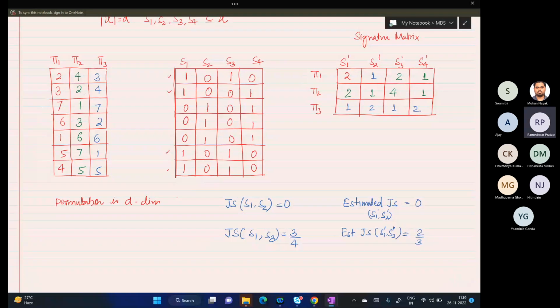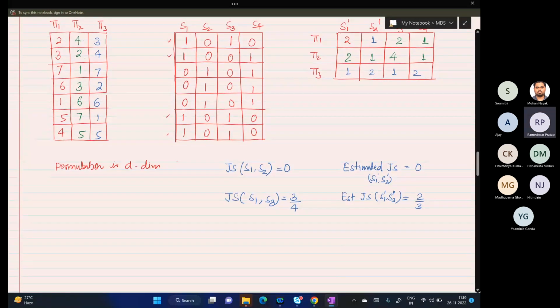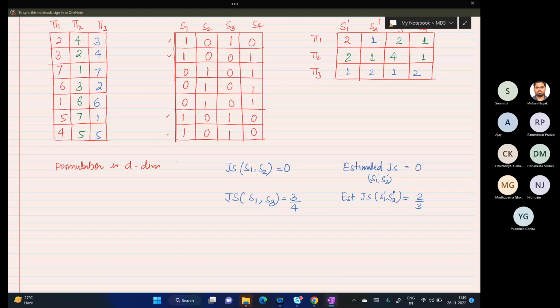So you can see that they are roughly approximating the original Jaccard similarity. I hope with this example, this hashing step is clear.